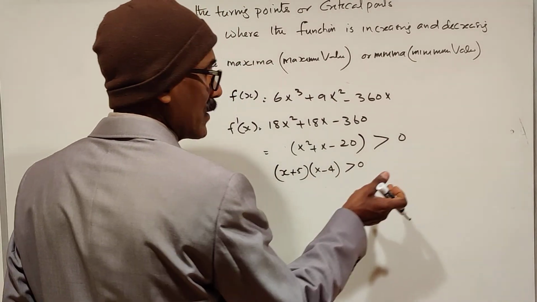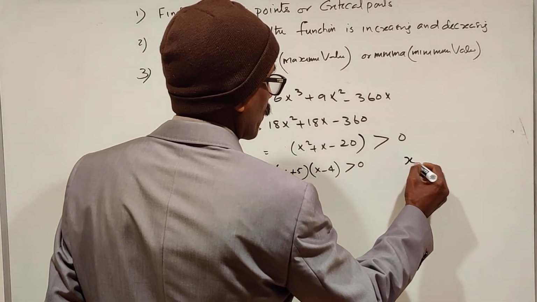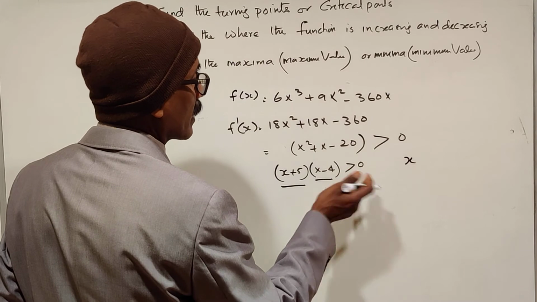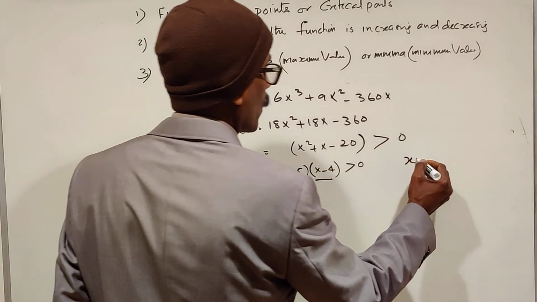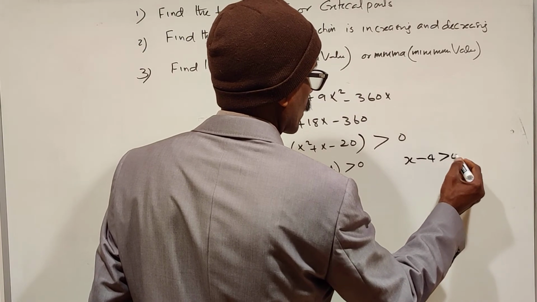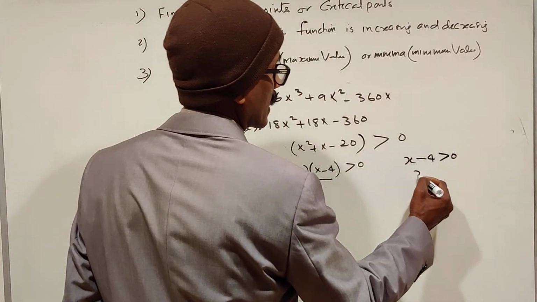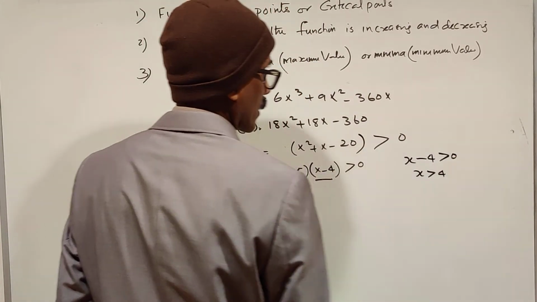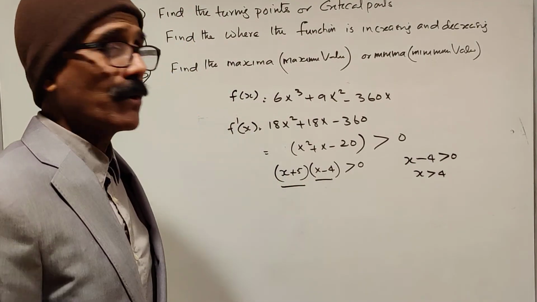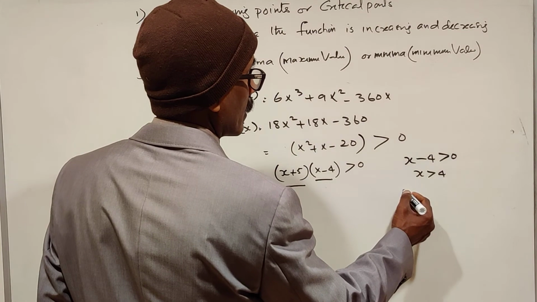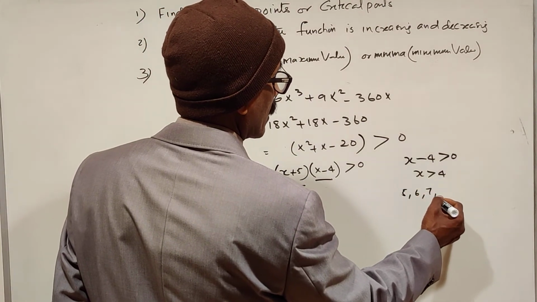x is greater than 4. See, first there are two numbers whose product is greater than 0. First we need to take x minus 4 is greater than 0. Okay? What happened? x is greater than 4. For example, what are the integers greater than 4? 5, 6, 7, 8.